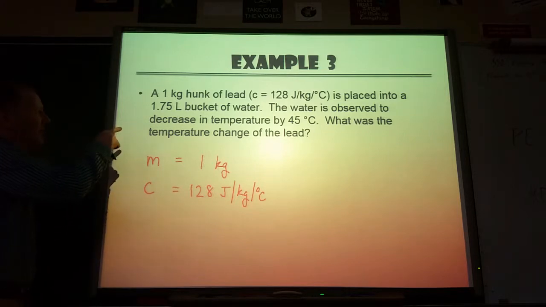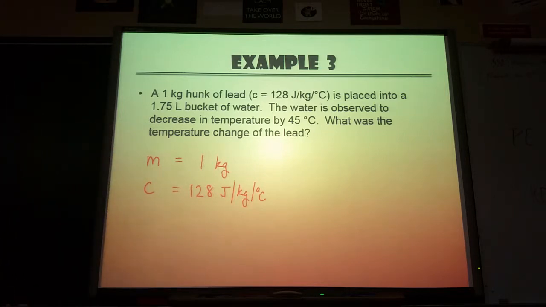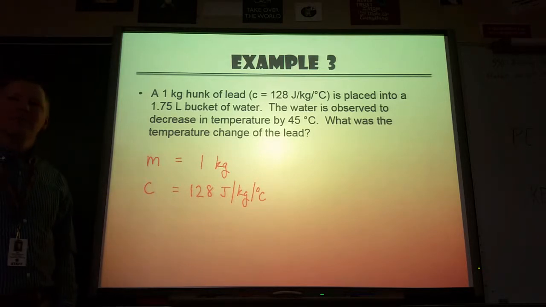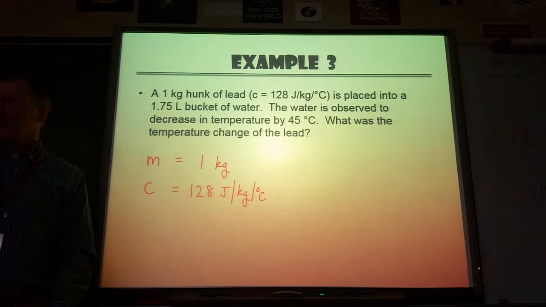What does this 1.75 represent? Is that a delta T? No. Why? How do you know, Drew? What tells you that it's not a delta T? It's in liters.